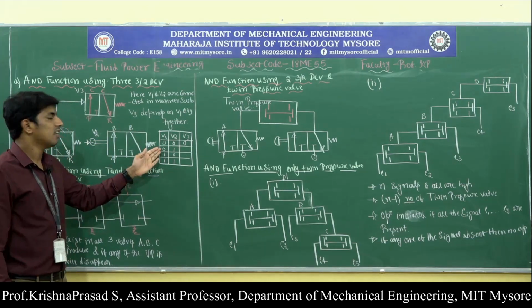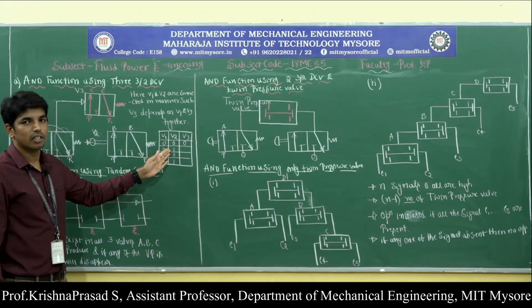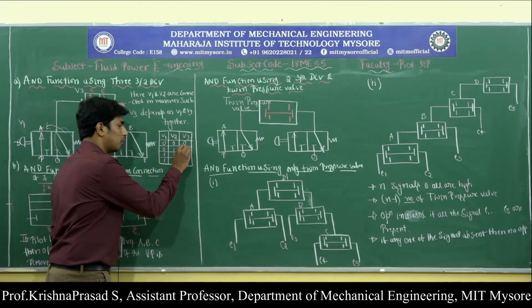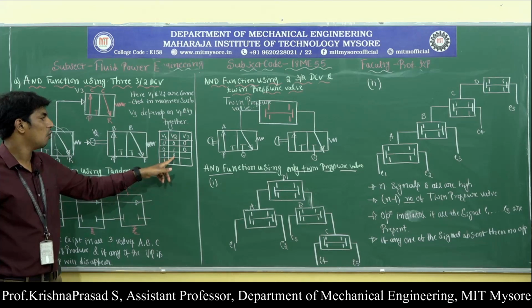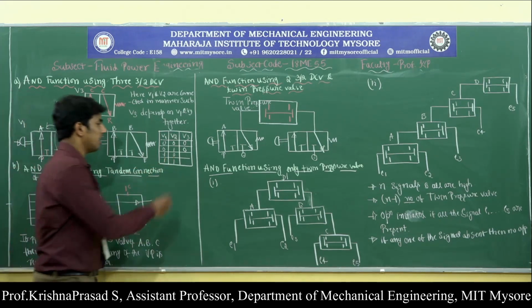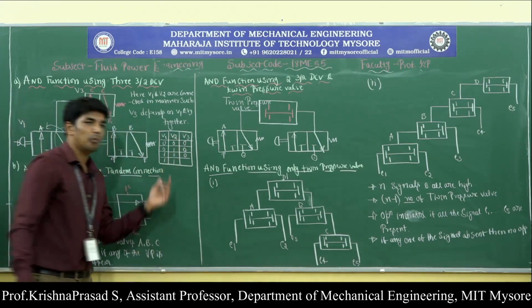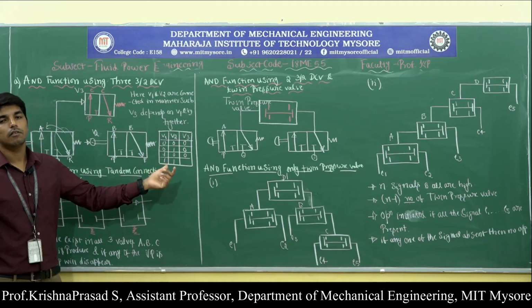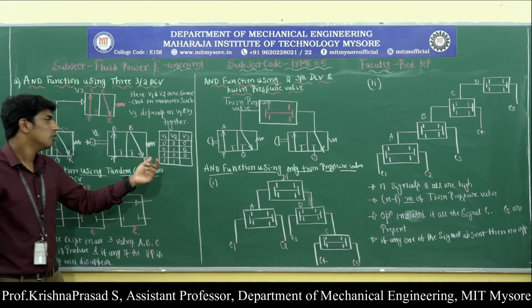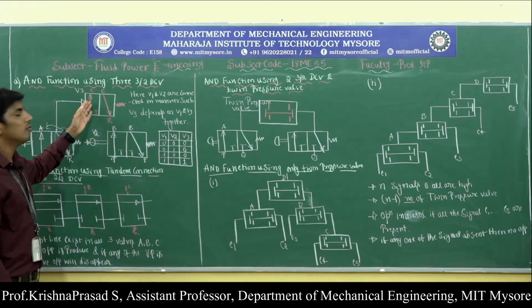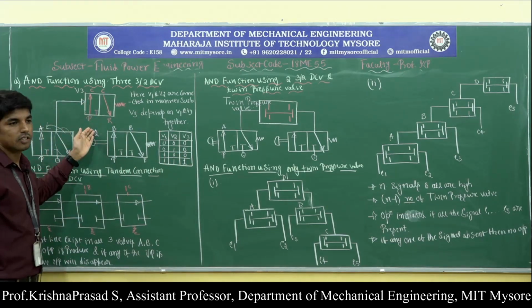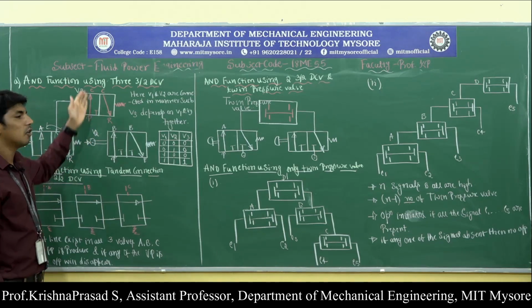If valve 1 is activated but valve 2 is not activated, there is no output. Similarly, if valve 2 is activated but valve 1 is not, again there is no output. If both valves V1 and V2 are activated with the help of the push buttons, then only we can observe the output at valve V3, and pressurized air flows from inlet port P to the outlet port C.